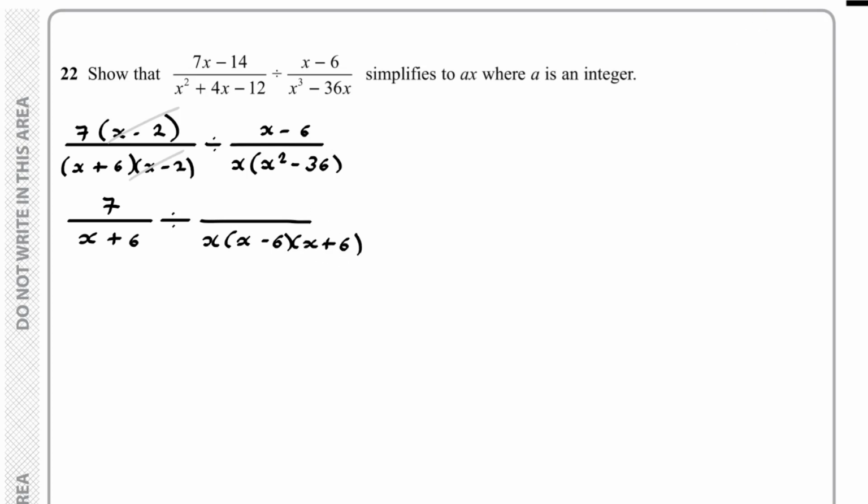Okay, so that goes on the bottom, and on the top we've got x minus 6. So here you can probably see that the x minus 6 cancels.